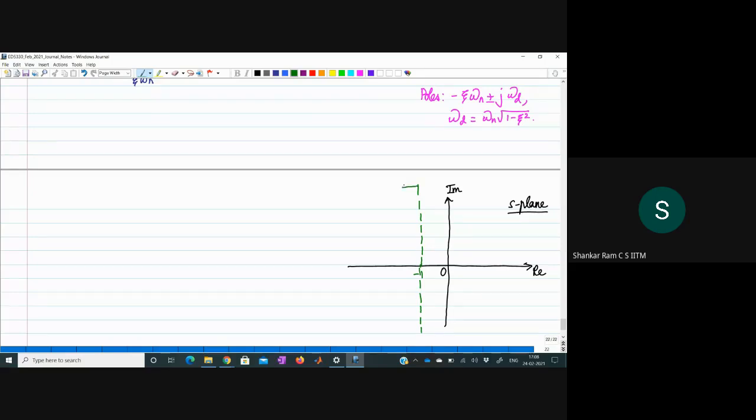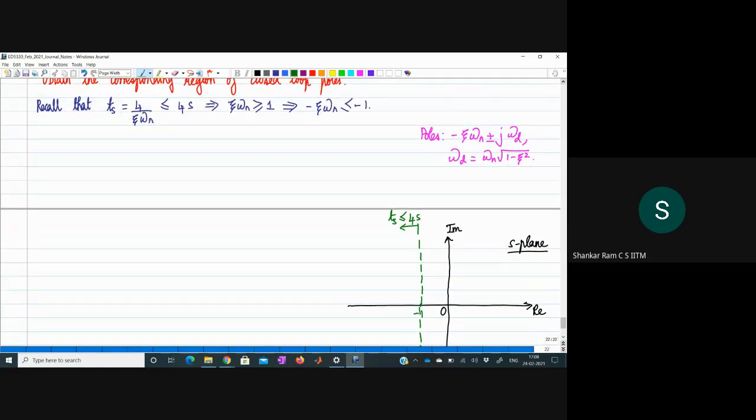So consequently, the equivalent way to look at it is that if we have all the closed loop poles to the left of this vertical line at -1, the corresponding settling time will be less than or equal to 4 seconds, right? Because how did we get this minus zeta omega n less than or equal to -1? Because we wanted settling time to be less than or equal to 4 seconds, right? So that's how we got this constraint, right?